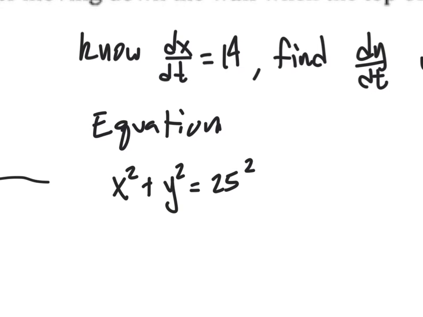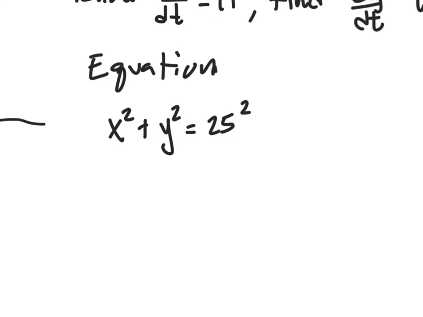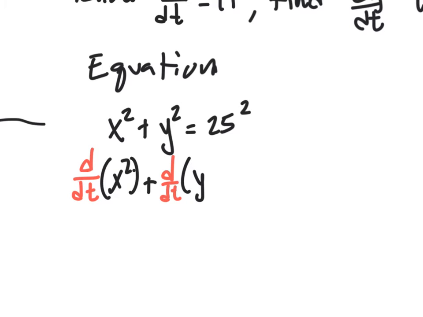And so what we want to do is take the derivative with respect to time. I'm going to take d/dt of x squared plus d/dt of y squared, and that's equal to the derivative with respect to time of 25 squared.